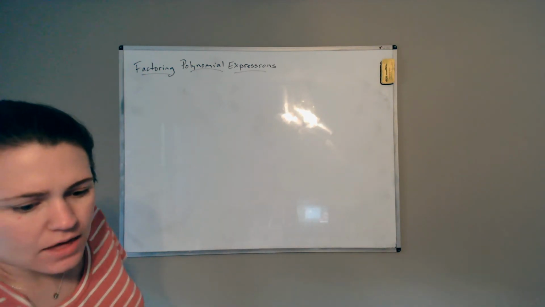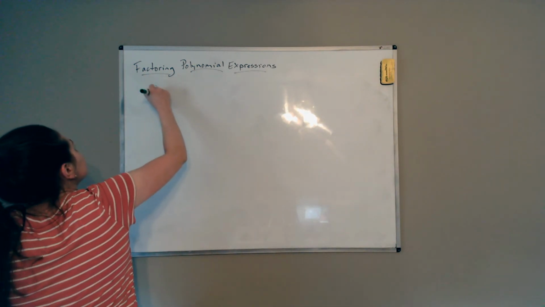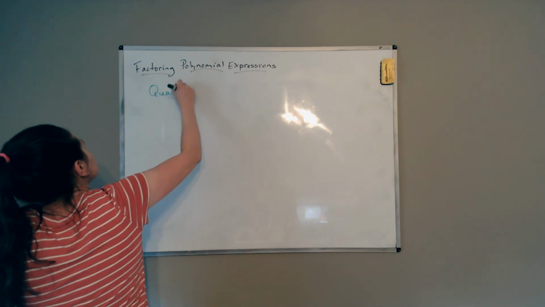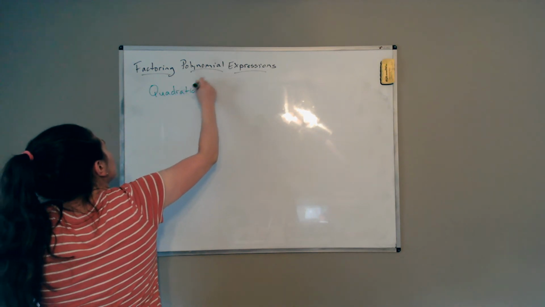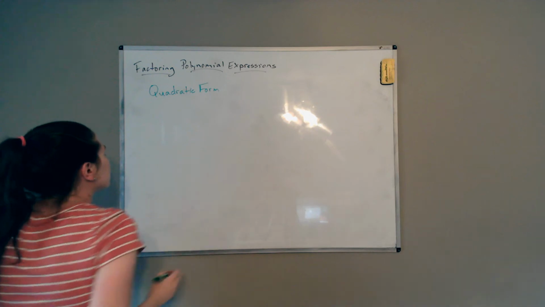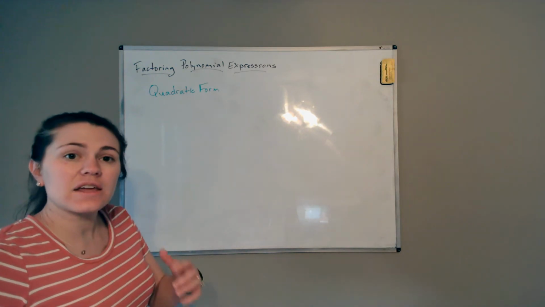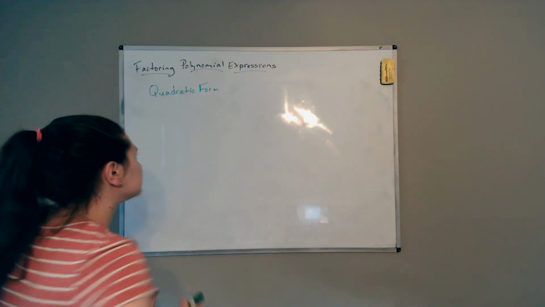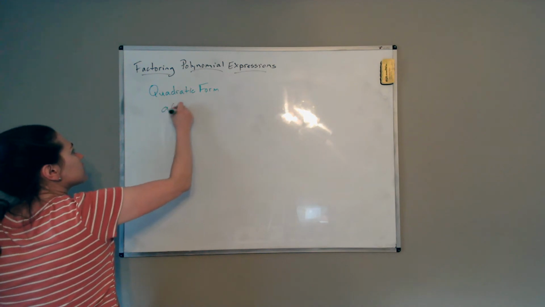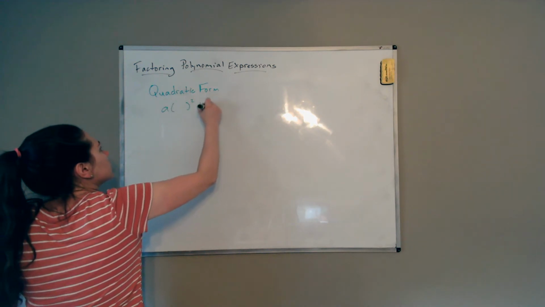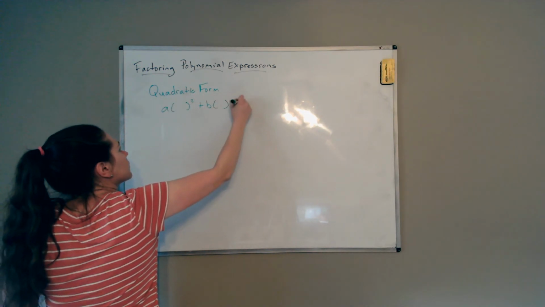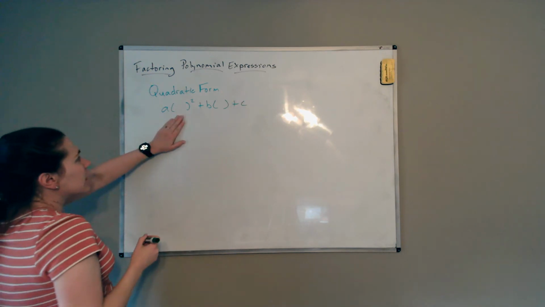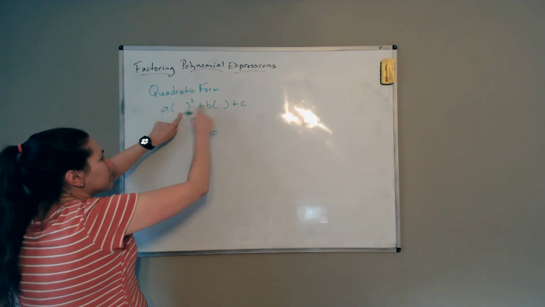So, quadratic form is if you can take any trinomial and write it like this, where whatever goes in here is the same.